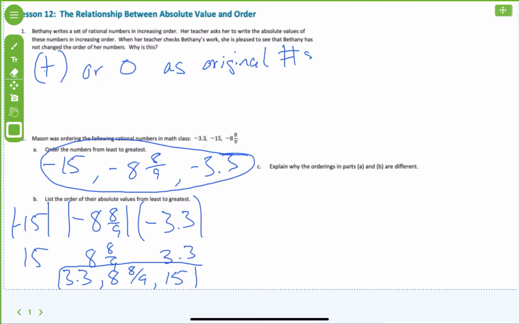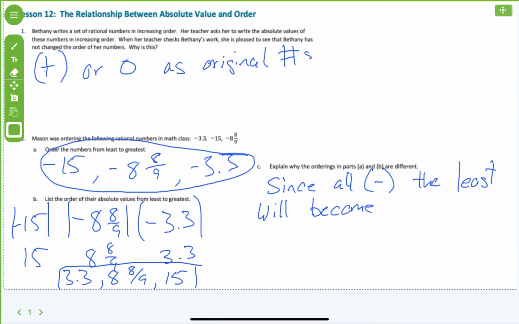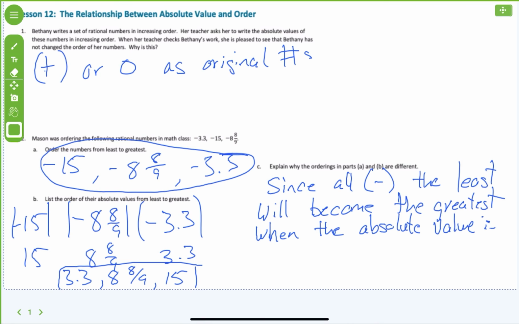So since they're all negative, the greatest, let's actually call that the least, the least will become the greatest when the absolute value is applied.